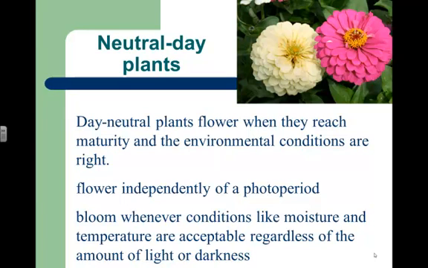So they flower independently of photoperiodism. They bloom whenever conditions are right, and here's what affects them: moisture and temperature. So you need to know that. That's the two key environmental conditions that affect the blooming of neutral day plants. Temperature, moisture.